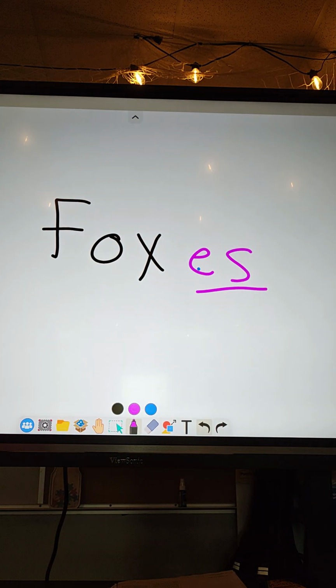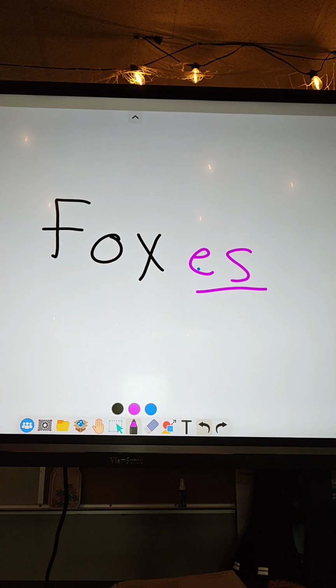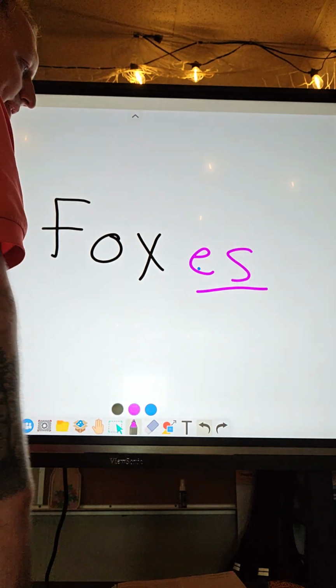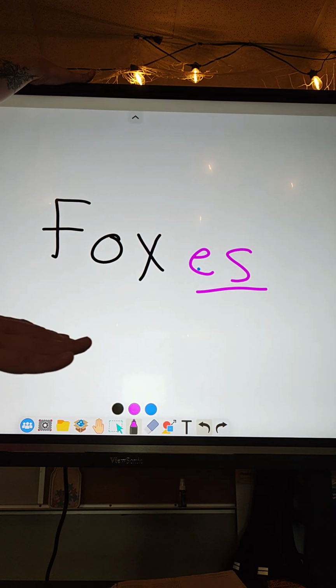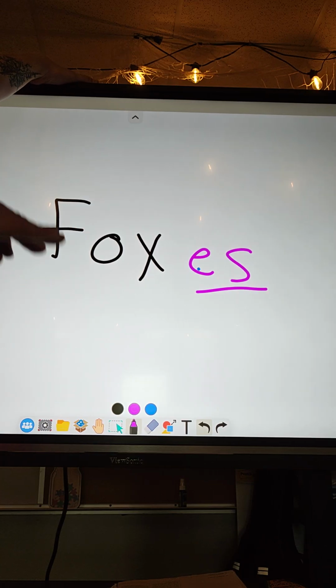Foxes. Okay? That's plural, more than one fox. So, work with these. I always say it's a good day to do your homework, but this week is a really good week to do homework because there's lots of weird stuff, lots of little intricacies that aren't hard, but if you're not paying attention, they'll trip you up.